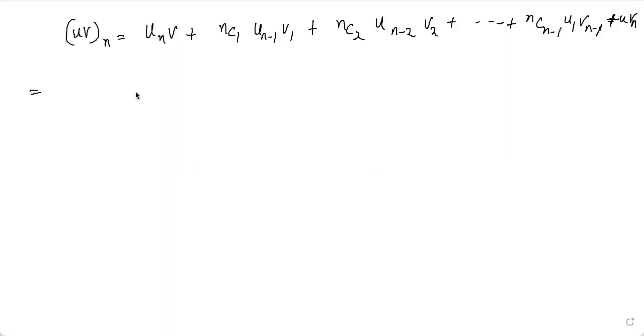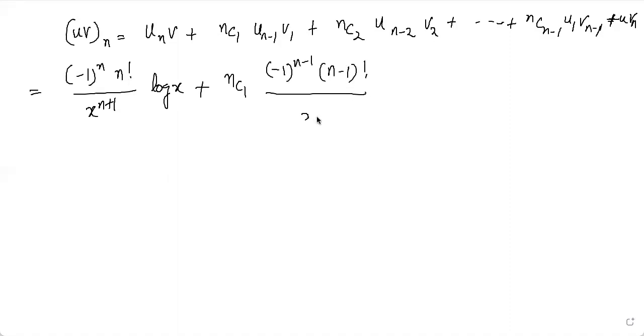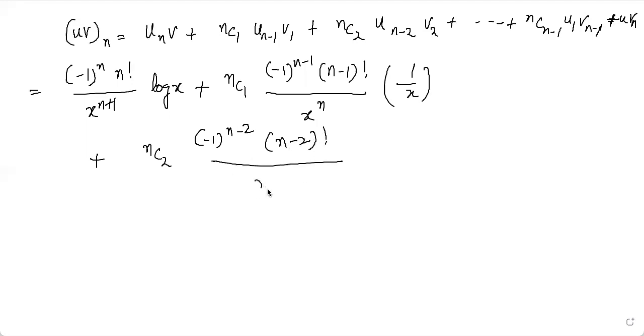So that is un, which we have found as minus 1 to the power of n n factorial by x to the power of n plus 1, log x plus nc1, this will be minus 1 to the power of n minus 1 into n minus 1 factorial by x to the power of n, v1 will be 1 by x, and nc2, which is minus 1 to the power of n minus 2 into n minus 2 factorial by x to the power of n minus 1, and this will be minus 1 by x square, and so on.